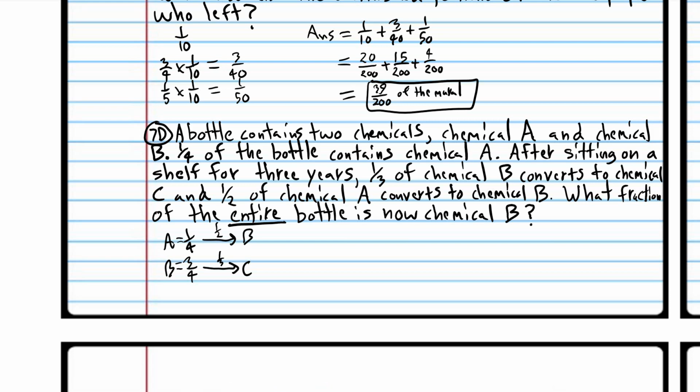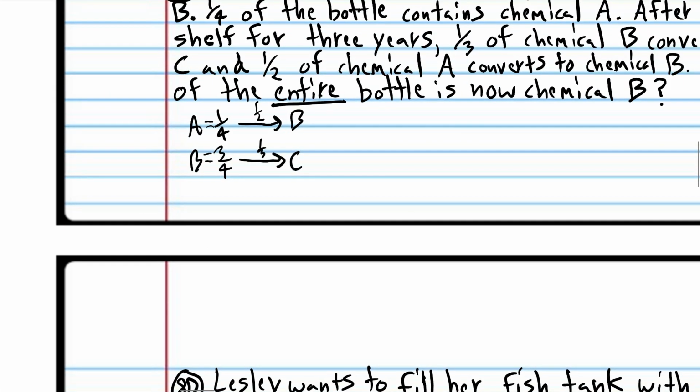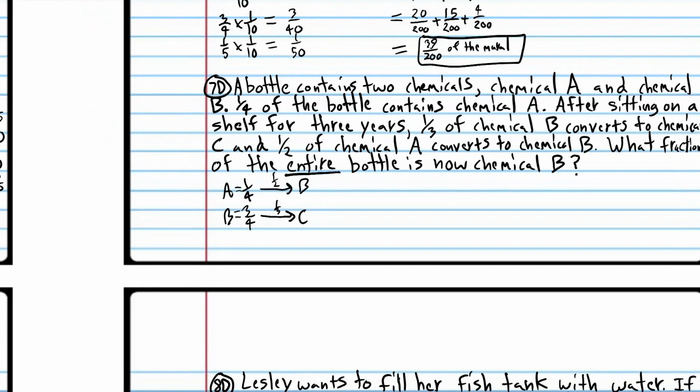All right, so you already have chemical B, but the problem is you're losing chemical B. So you start off with, it tells us 1/4 of the bottle is chemical A, so that means 3/4 is chemical B, as we said over here. So 3/4 is chemical B, but you're losing. Let's put B with a colon because we're talking about B here.